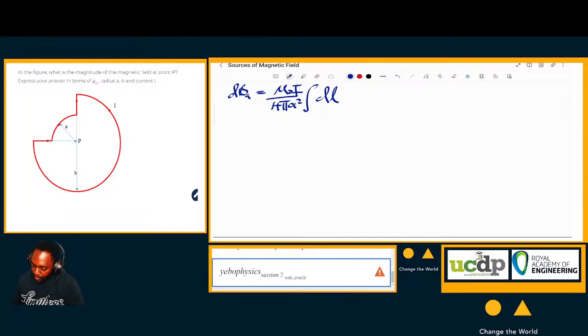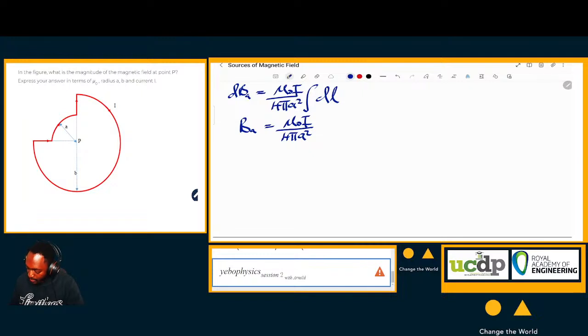Simplifying, if you integrate both sides, B of A will be mu naught I over 4 pi A squared times the length of arc.